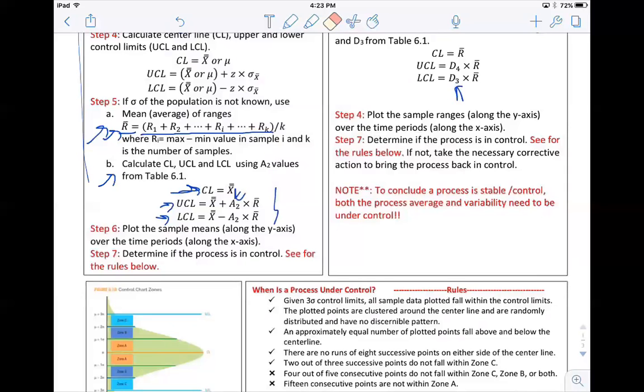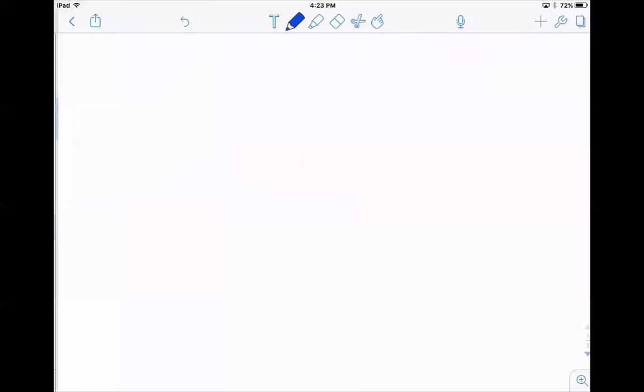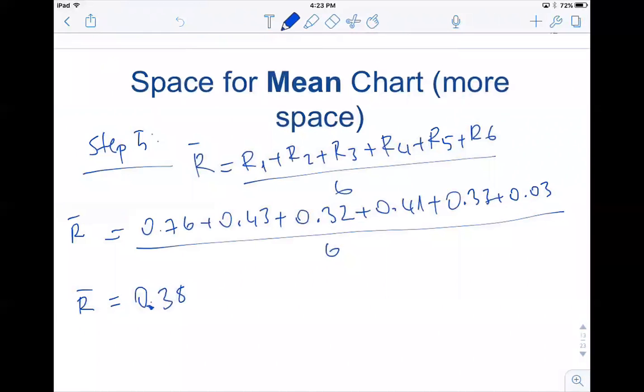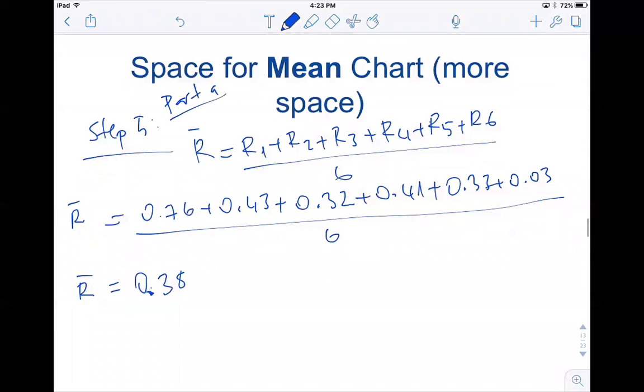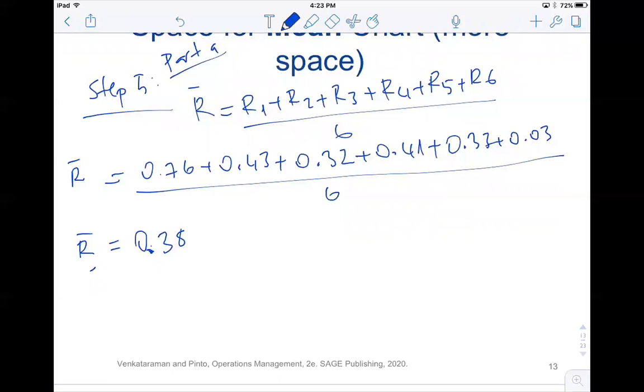Simple calculations. Okay, center line is going to be directly equal to my grand mean, and my upper control limit is going to be equal to X bar, the grand mean, plus A2 times R bar. All right, so let me write those formulas down. This is step 5, part A.